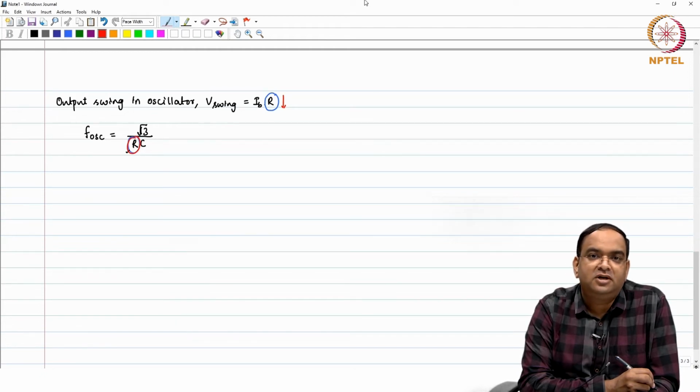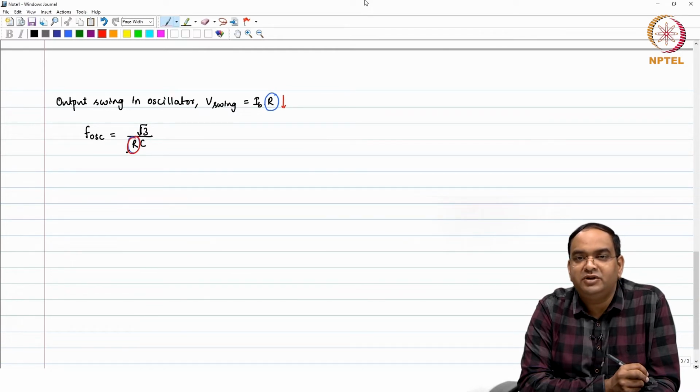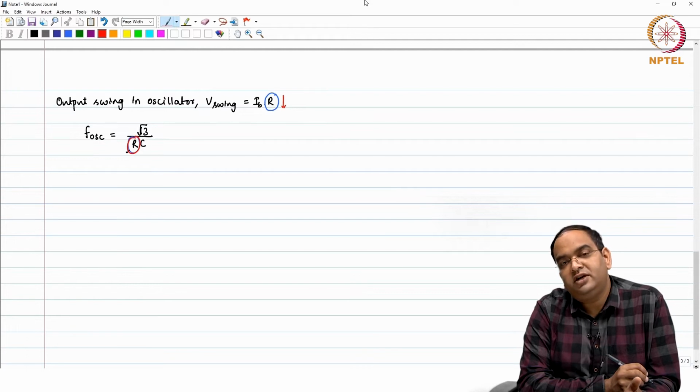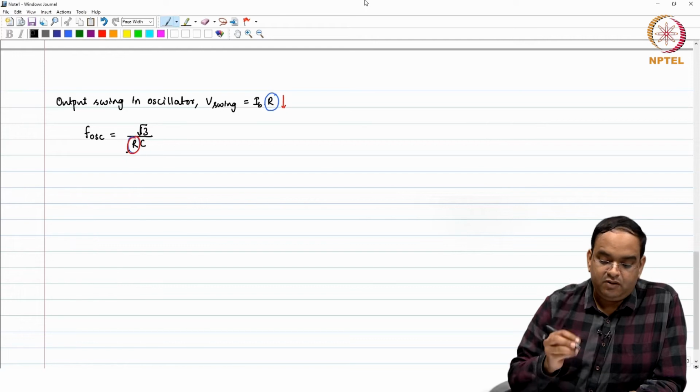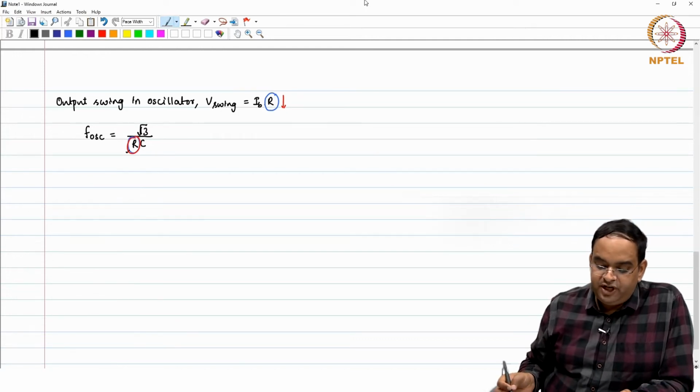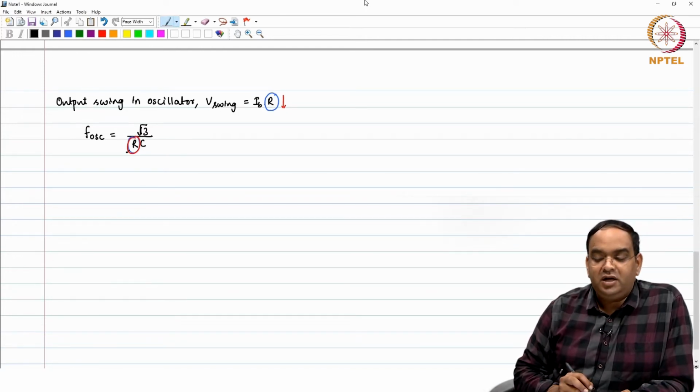First, output swing should not vary with the frequency. And second, if output swing reduces with higher frequency, that makes the situation worse.